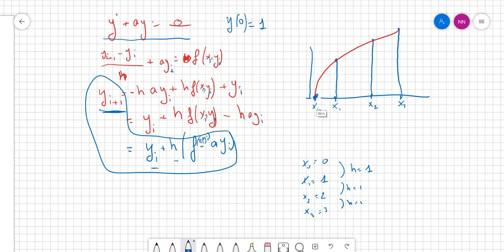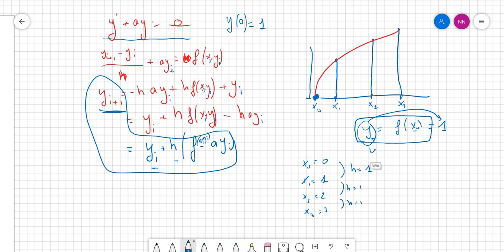The thing is that at x0, we already know y0, the value of the function at x0. This is true because at x0 we know that the value of the function is equal to 1, so we set our y0 to 1.